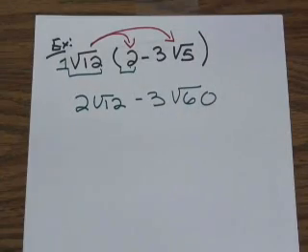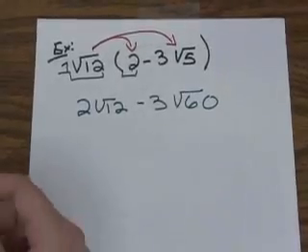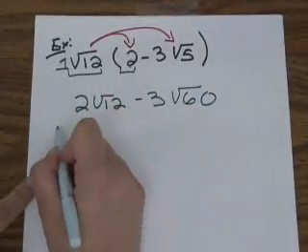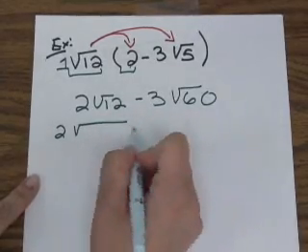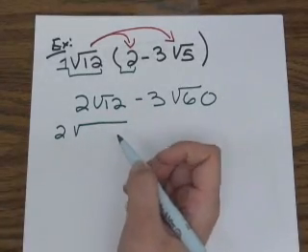Now that we're here, just like before, you always want to see if you can simplify any further. And although 12 and 60 are not perfect squares, they do have factors that are. So, let's start with the 12. Let's bring down the 2, and instead of using 12, let's use some factors of 12 where at least one of them is a perfect square.